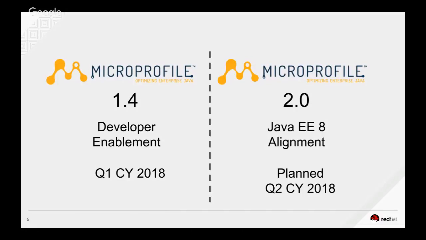But we really want to focus on developer enablement. That means examples, better documentation, YouTube videos, that kind of approach. Because a lot of functionality, we realized, well, you know what, let's help developers actually go off and implement their applications using these technologies. So in the first quarter of this calendar year, look for MicroProfile 1.4.